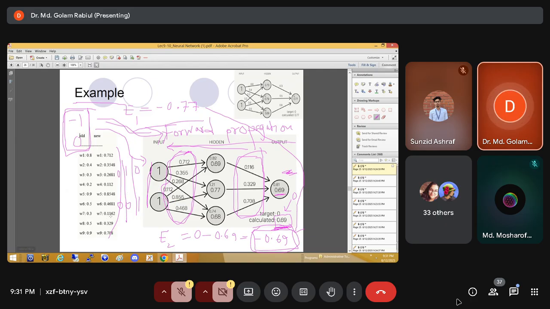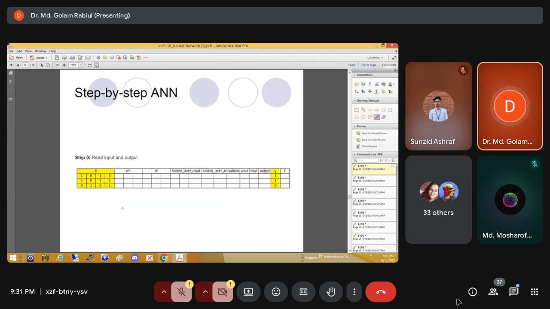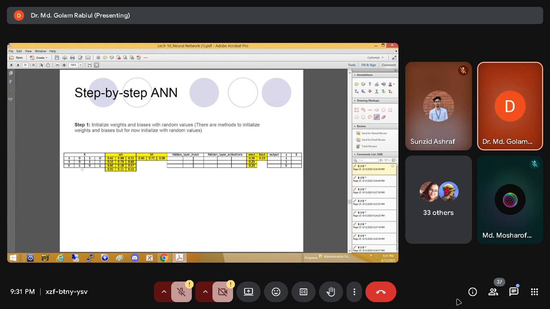This is called the sequential learning approach, but we also have the batch learning approach. That means not only considering just one input at a time, but we can also consider a batch, that is, several inputs together.